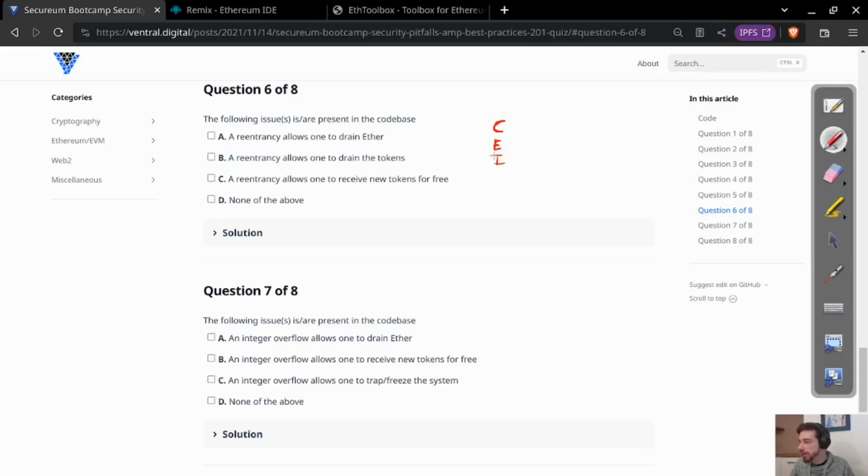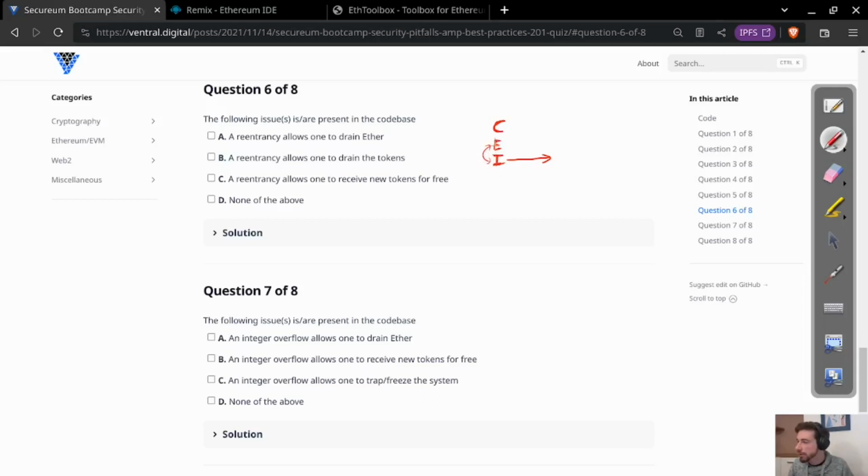And then interactions are interactions with other contracts. So these are usually external calls that go to some other contract. And the problem in reentrancy is when effects and interactions have been switched around. So instead of CEI, it's CIE.